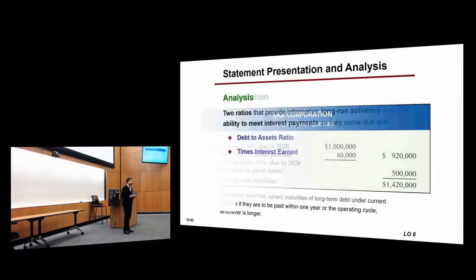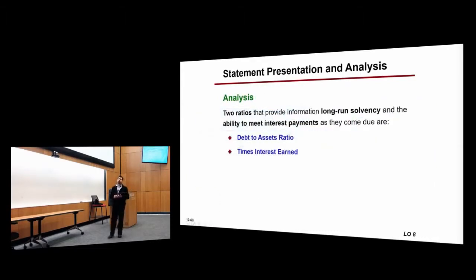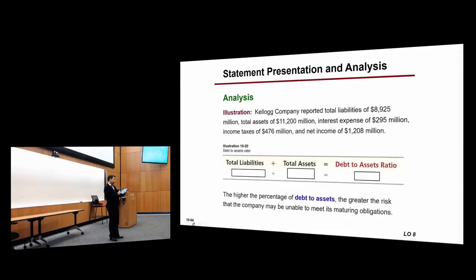There are two ratios that creditors and investors and basically users of information look at in order to analyze the company's performance. One of them is the debt to asset ratio. Debt to asset ratio is simply looking at how much debt you have compared to whatever assets you have. This is where you divide total liabilities by total assets.